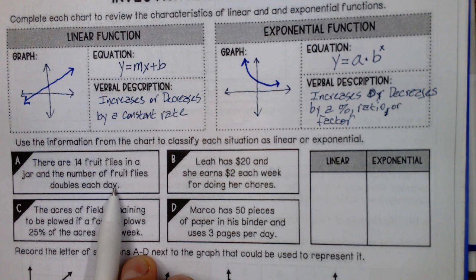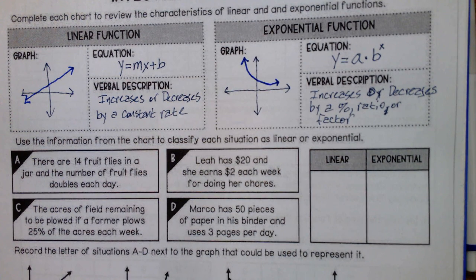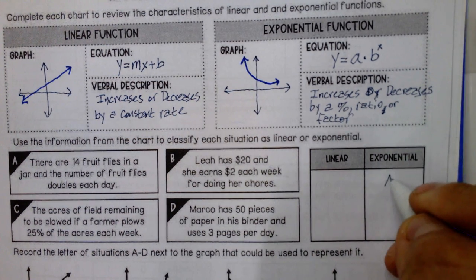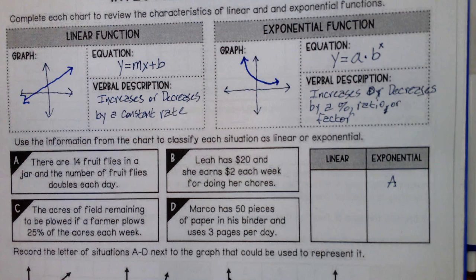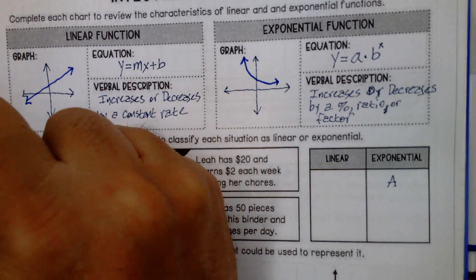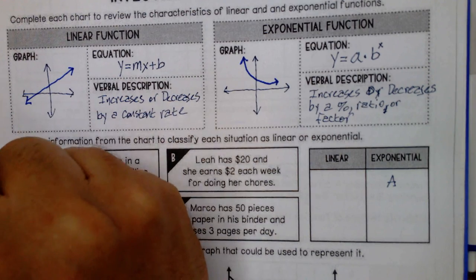Yeah, things that are doubling or halving or three-quarters, if they're a factor of something, right? You see the multiplication there. That would be exponential. So that would be here. Okay. So let's just put a little e for exponential here.